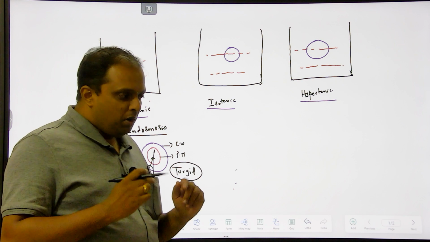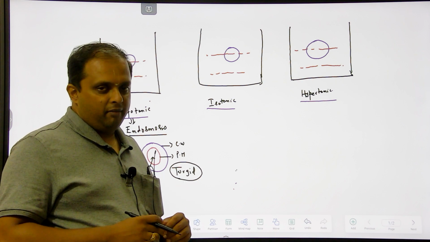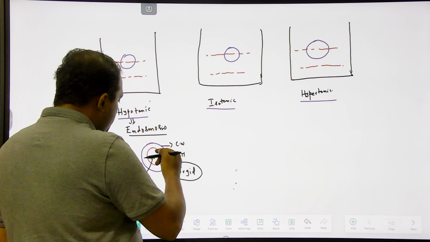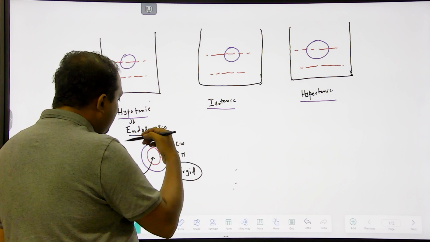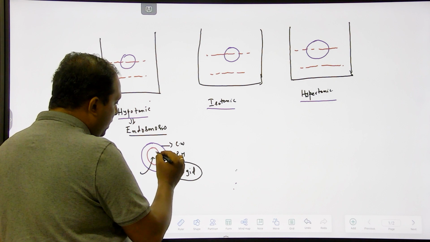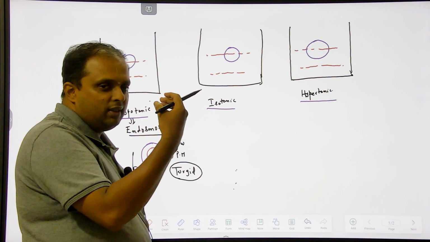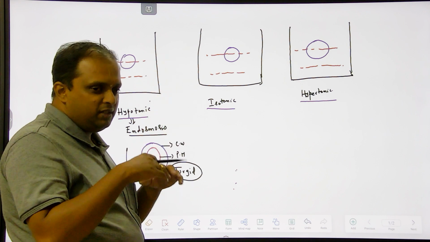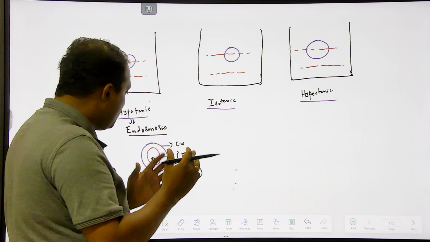And one more thing to be noted, two terms to be noted here: what happens when the cell starts gaining water, the plasma membrane will be extended. We call this the expansion of the protoplasm. Protoplasm is nothing but the cytoplasm and nucleus, excluding the wall.